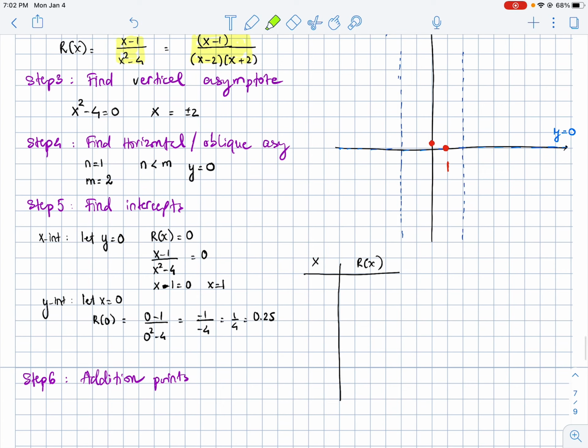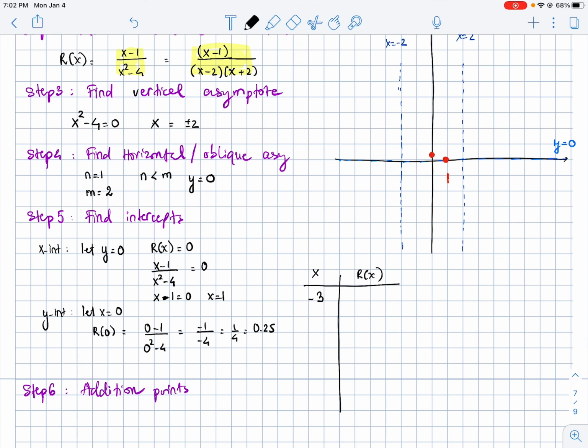So from this interval, we will make x equal to -3, and we will input into the original function. We can input either in the factor form or the original form. I will input into the original form.